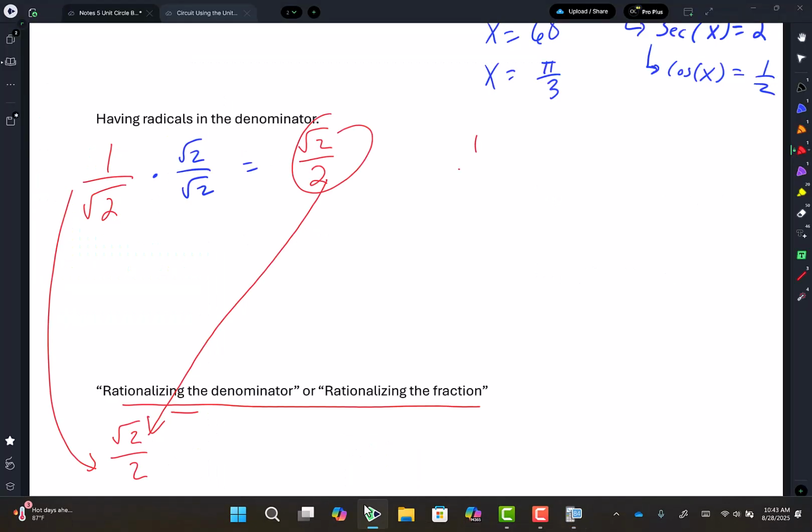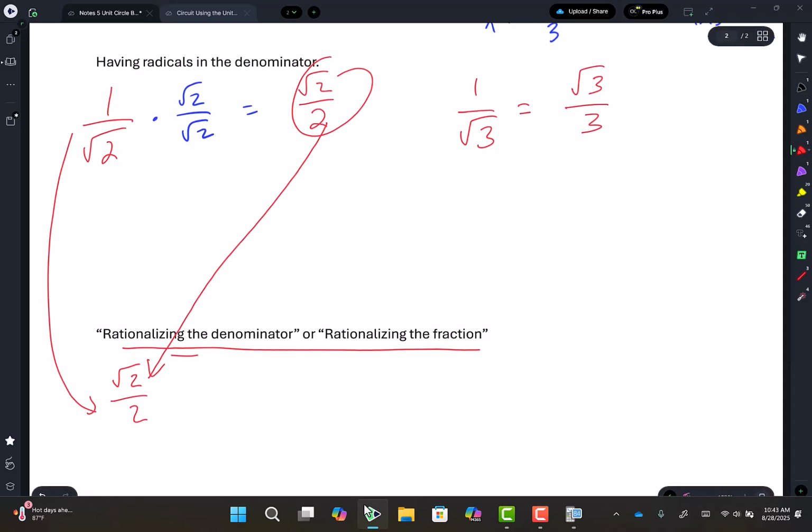Well, if I have 1 over square root of 3, that's the same thing as saying square root of 3 over 3. See? So rationalizing the denominator, guys, just means no radicals in the denominator.